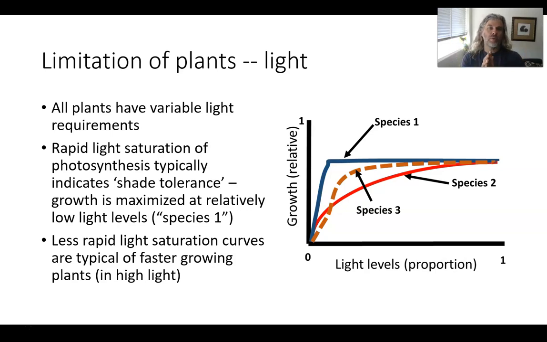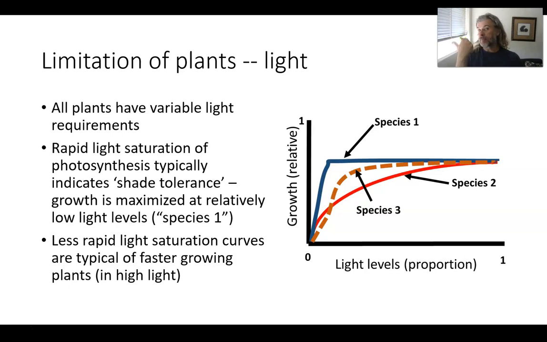That is a species that one would expect to be better adapted to a high light environment. And there's a lot of stuff that falls in between. Species 3 here is just put there in the center, but one can imagine a whole range of light saturation curves when you look across the biodiversity of trees across the earth.